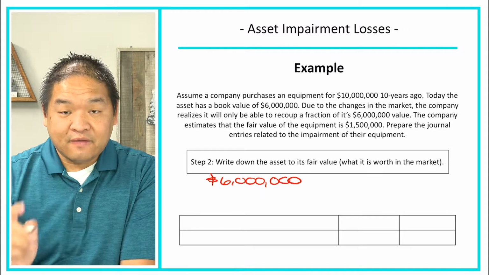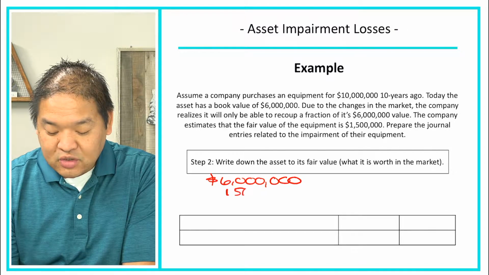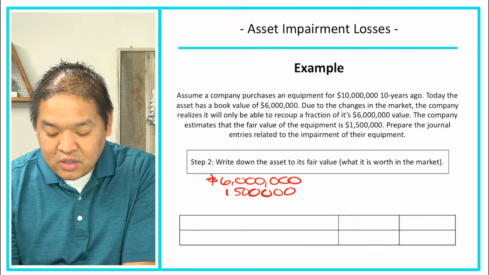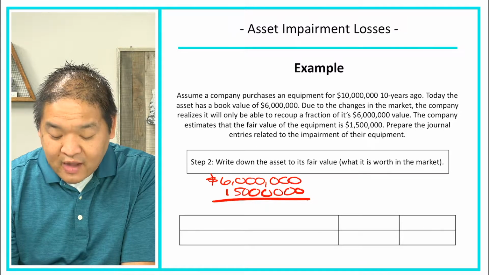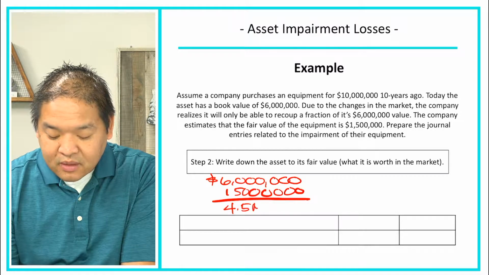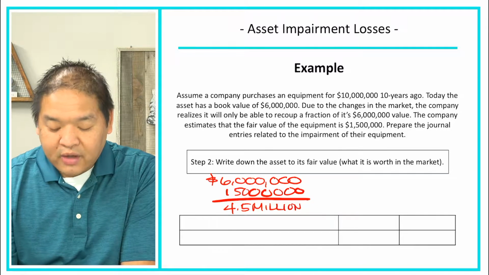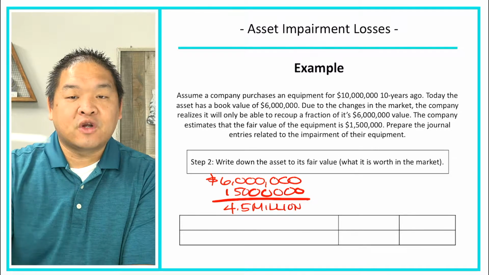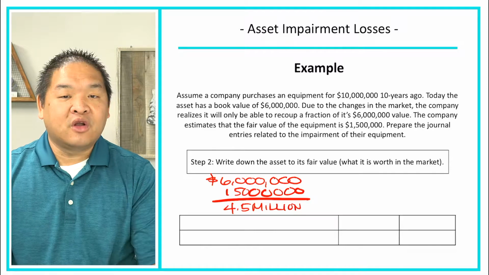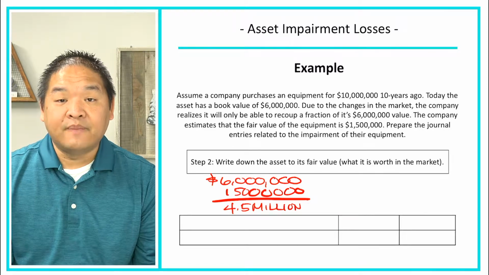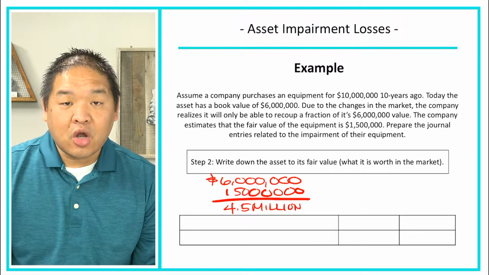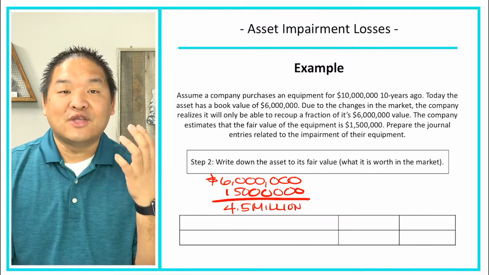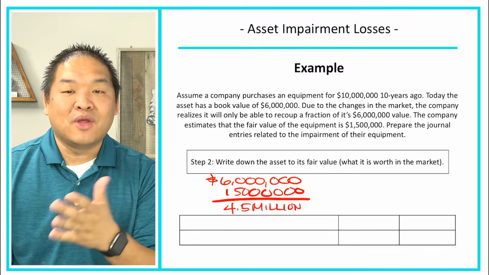The equipment's fair value is $1.5 million, which means it has lost a value of $4.5 million. So we are now going to reduce the asset further by 4.5. And the question is where does the rest go? The rest goes into a new account called loss on impairment or impairment loss, either one.